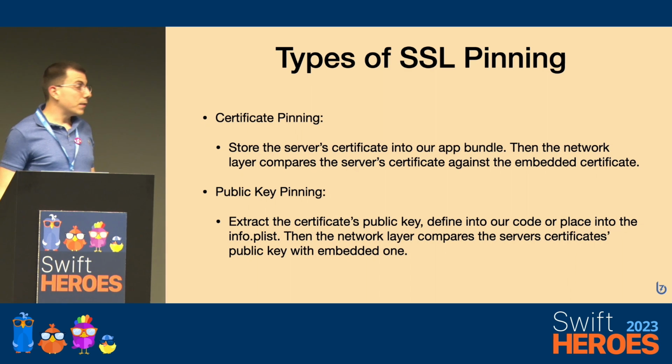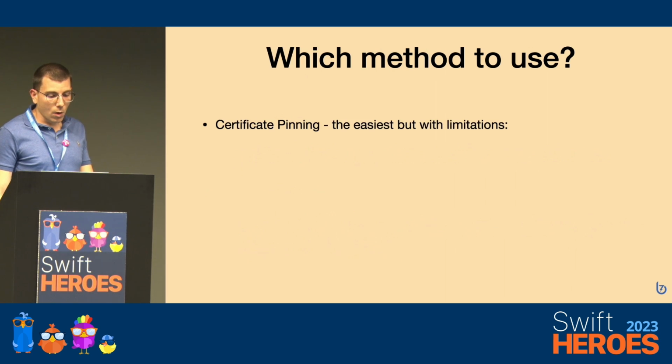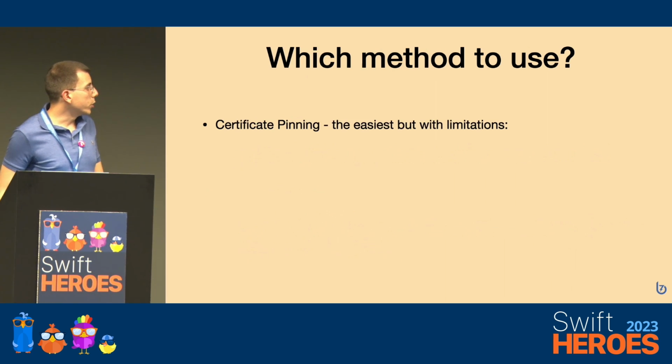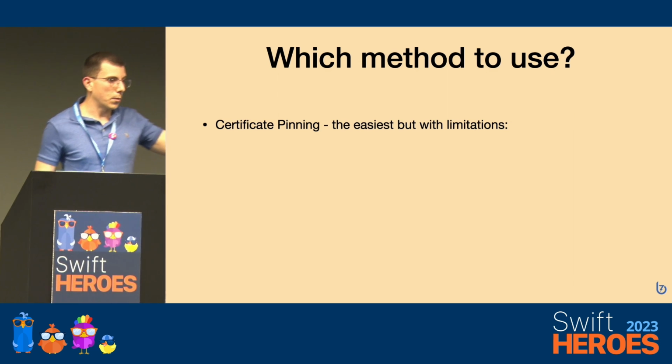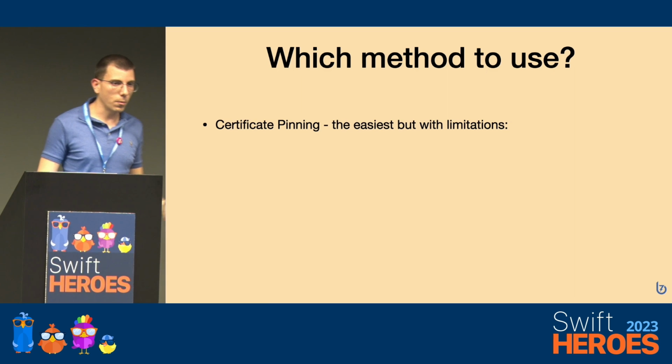Certificate pinning, of course, is not ideal, because you have to update the application in case of expiration of the certificate. But with the public key, it does not change when the certificate is expiring. So which method should you use? As I said, certificate pinning is the easiest, because you just take the certificate as it comes from the server, you put it in a bundle, and then you compare it.